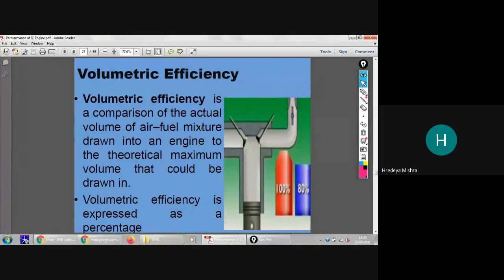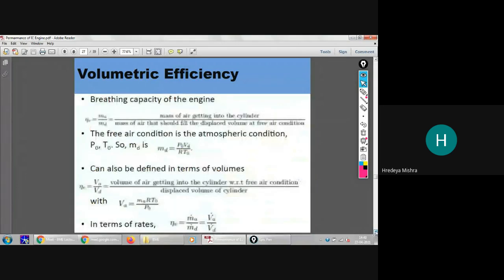It is expressed as a percentage. See here, eta V, volumetric efficiency, equals MA divided by MD: mass of air getting into the cylinder, over mass of air that should fill the displaced volume at the free air condition.